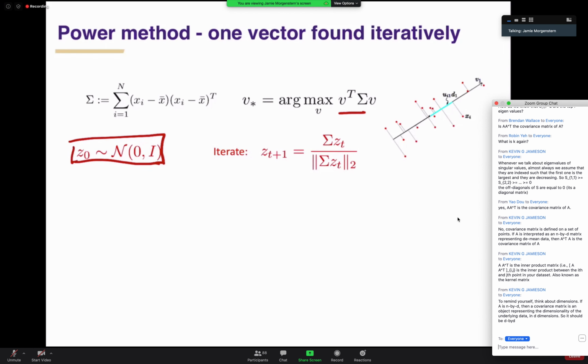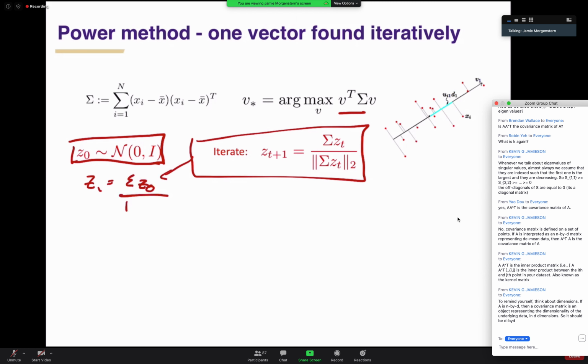And then we're going to define a sequence of vectors which are going to get closer and closer to maximizing this quantity. So we'll say that Z1, according to this box right here, is going to be equal to the covariance matrix times Z naught over the norm of the covariance matrix times Z naught.